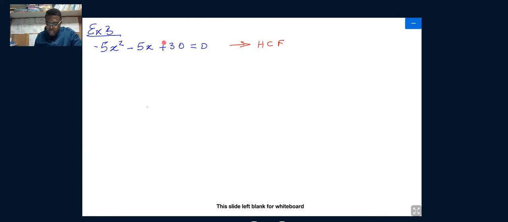So I'm going to take out a negative 5, into x squared plus, remember, negative divided by a negative is positive, x minus 6 equal to 0.